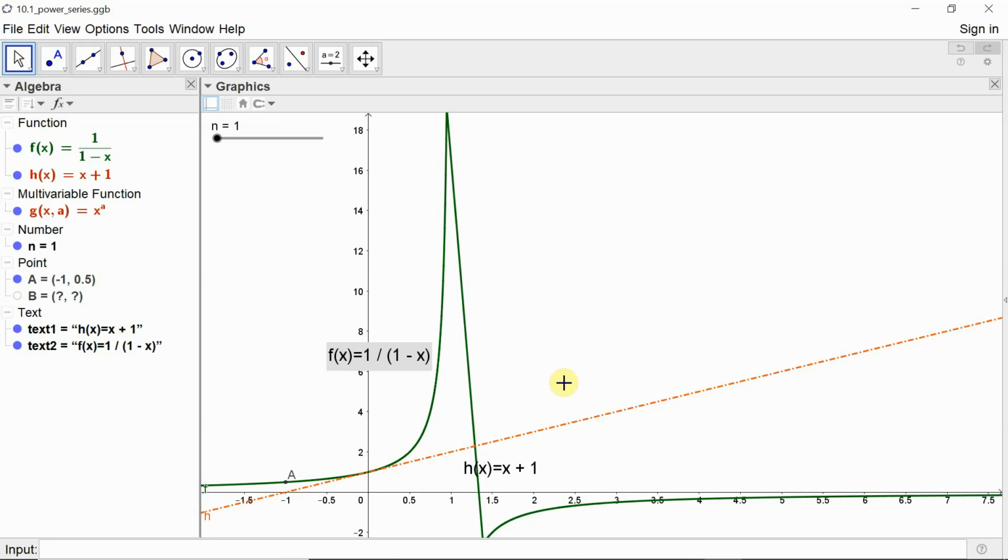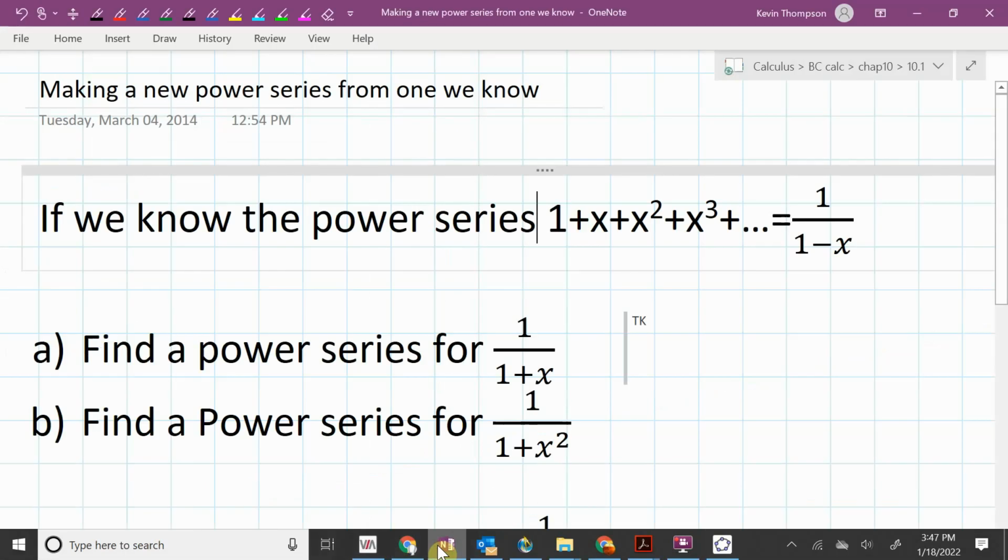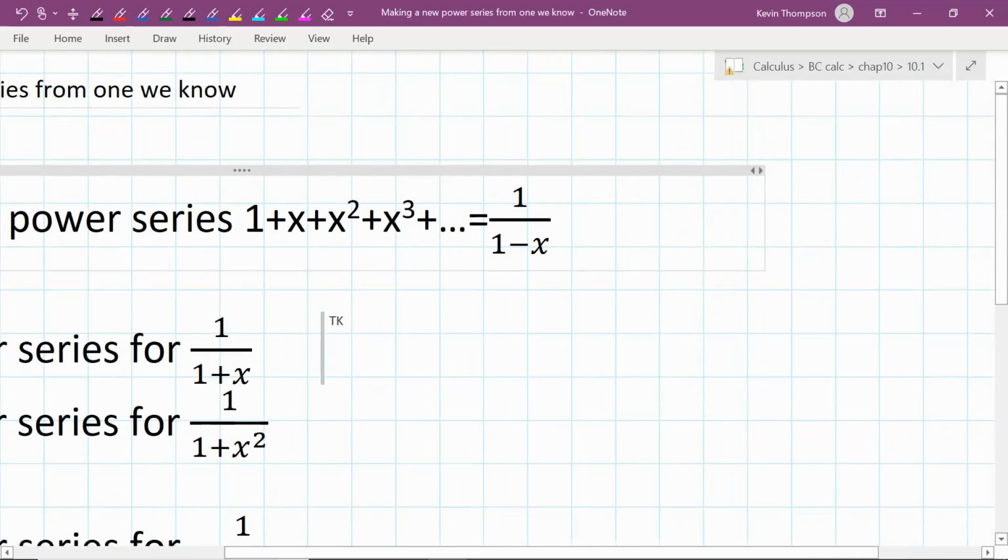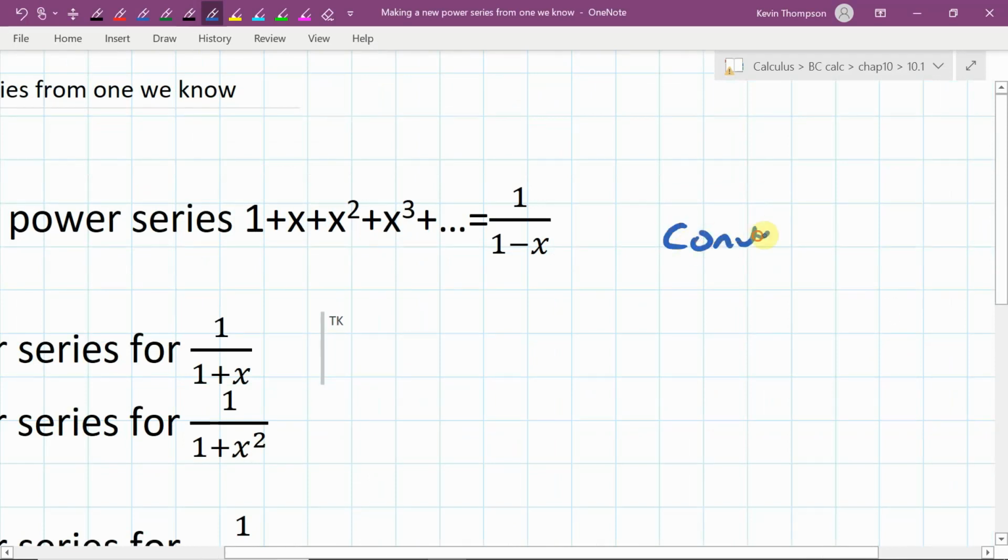Now, they're not equal for every value of x, because this won't converge to that statement for every value of x. So we actually need to say here off to the side that this is going to converge when x is between what values? -1 and 1, okay?